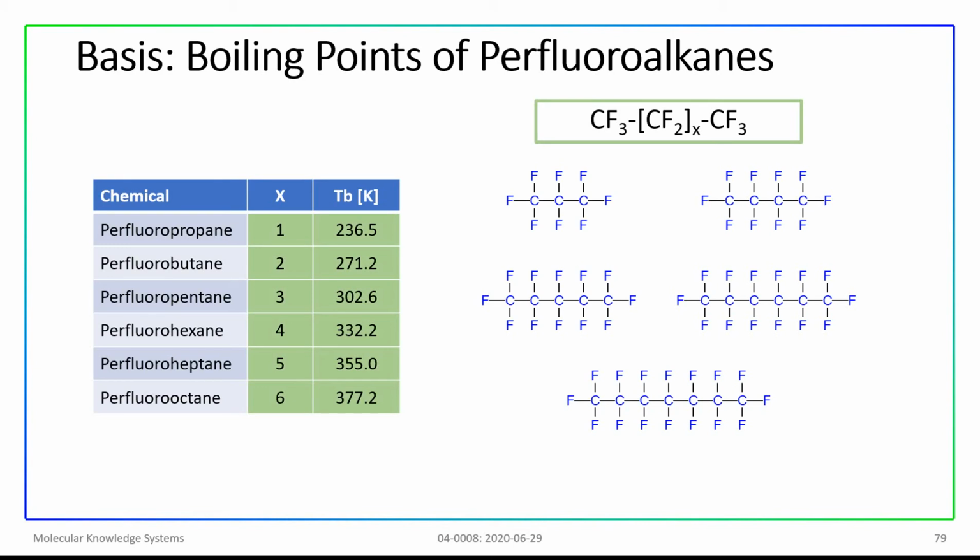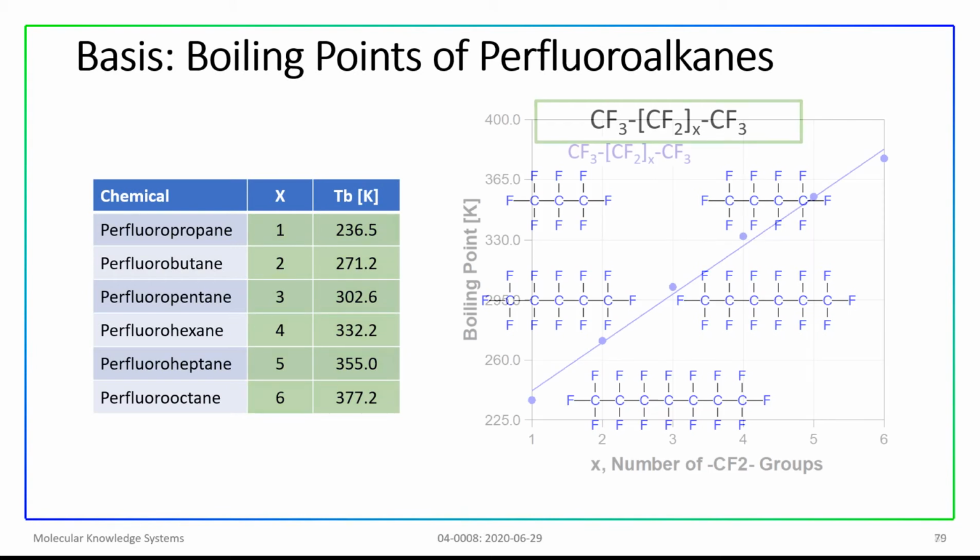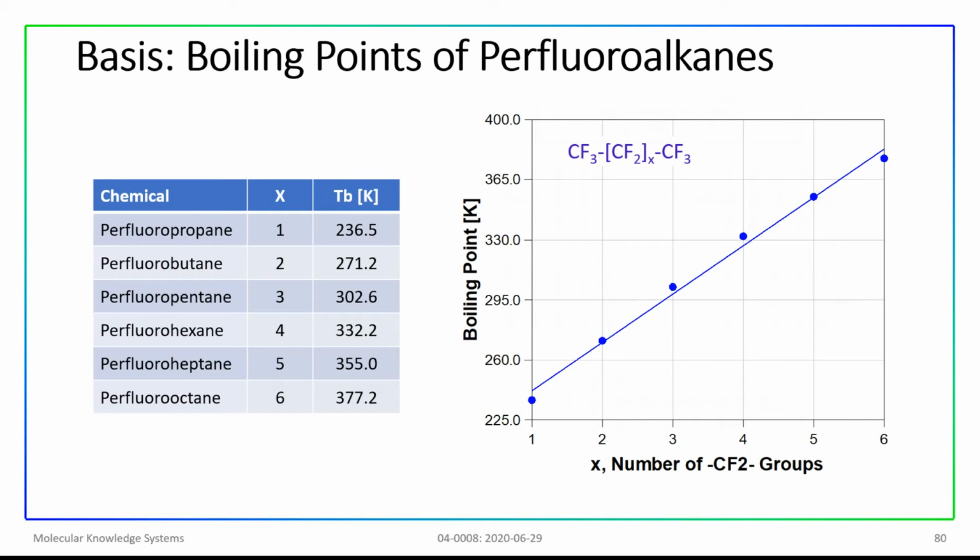Again, graphing the normal boiling point versus the number of central groups, in this case central CF2 groups, we also find a fairly linear relationship. Calculating the slope of this regression line gives us a value of 28.1 K. This is the group contribution value for the CF2 group for the normal boiling point.